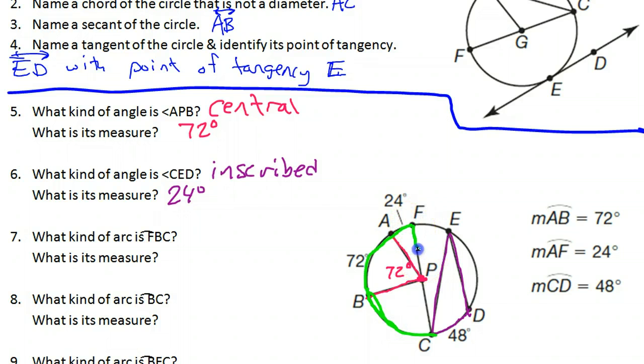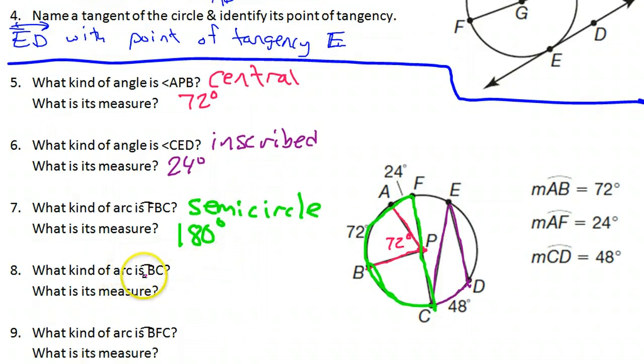You see how this is going from one side of a diameter to another. That makes this a semicircle. Semicircle. What is its measure? 180 degrees.